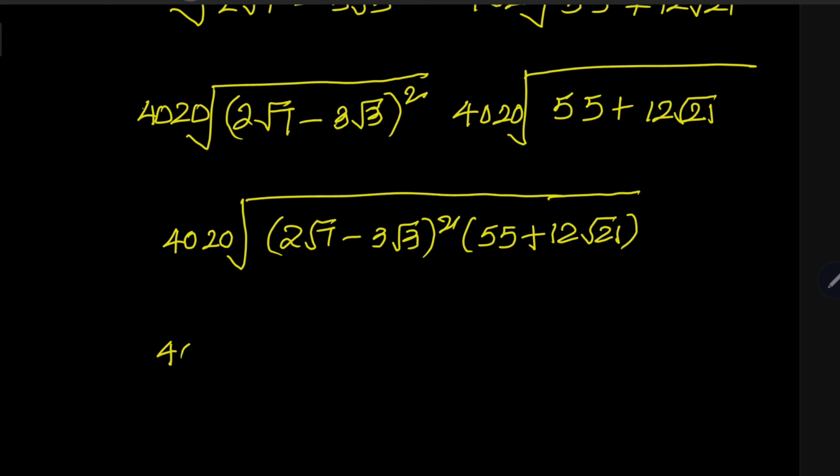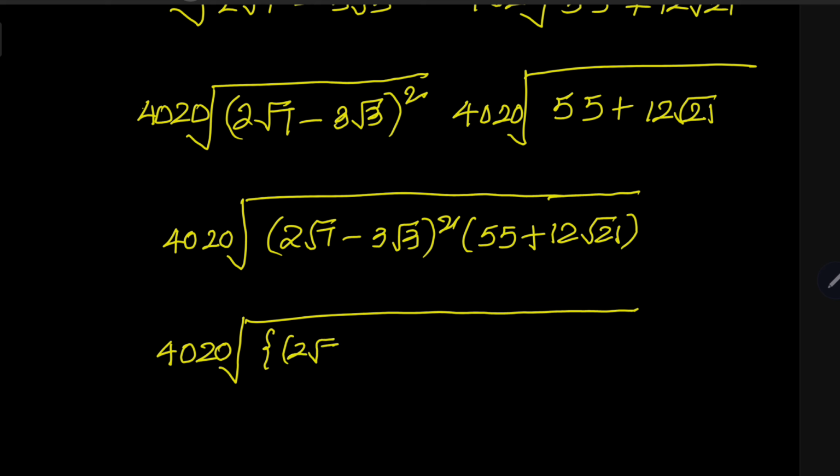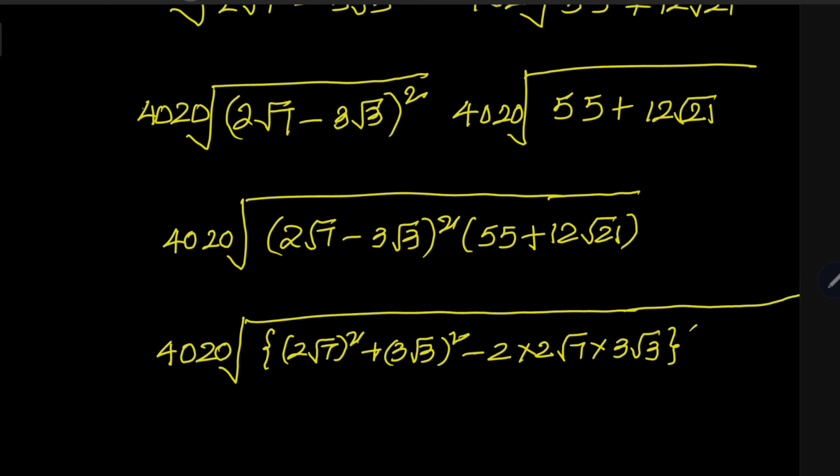For that we will use the identity (a minus b) whole square equals a square minus 2ab plus b square. So first will be a square, (2 root 7) whole square, plus b square, that is (3 root 3) whole square, minus 2 into a into b, 2 root 7 multiplied with 3 root 3. Now this whole thing we need to multiply with 55 plus 12 root 21.